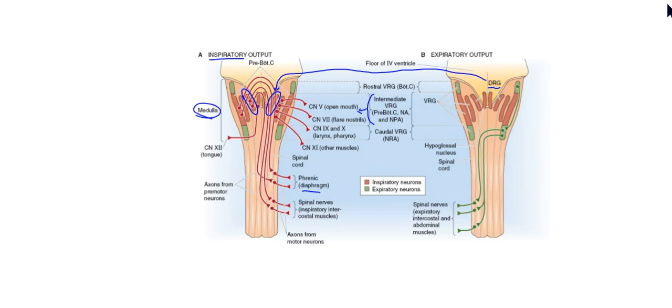Your ventral respiratory group, looking specifically at the rostral and the caudal VRG, so anything over here in green, that's expiratory output. Now, what kind of expiration are we talking about? Active, right?